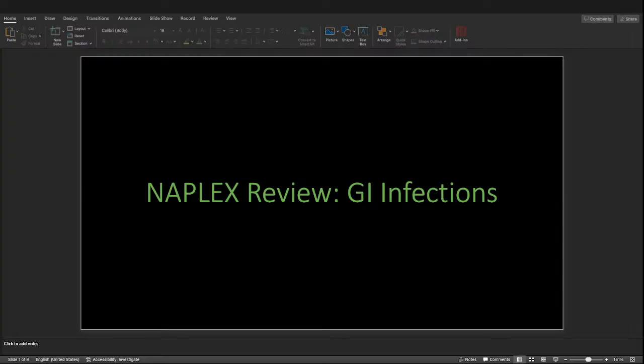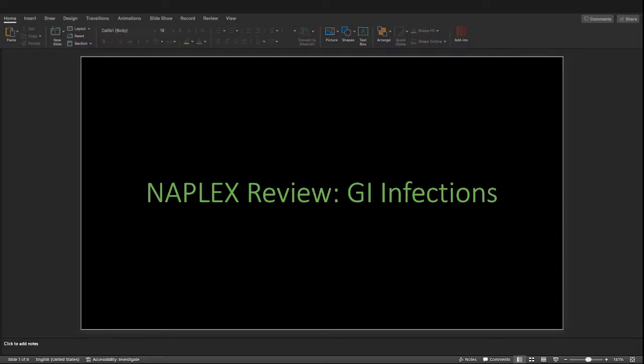I'm just going to quickly look over this section on gastrointestinal tract infections. One of the most common ones that is especially important to know is H. pylori infections.